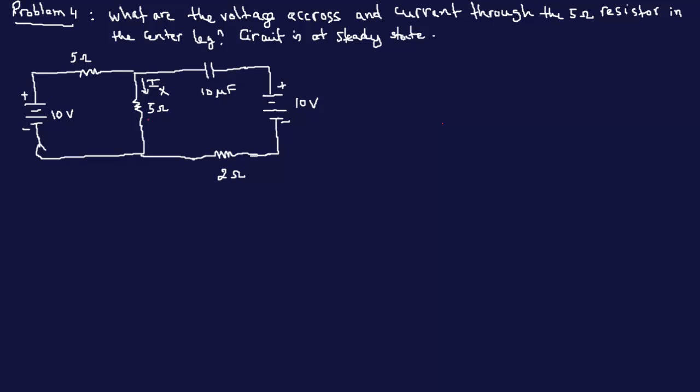Oops, I have a capacitor. Remember, in my previous video, when you have a capacitor in a steady state, because here the circuit is a steady state, it was indicated here. So the capacitor is an open circuit, there's no current flowing through that, which means that this part right here is gone.